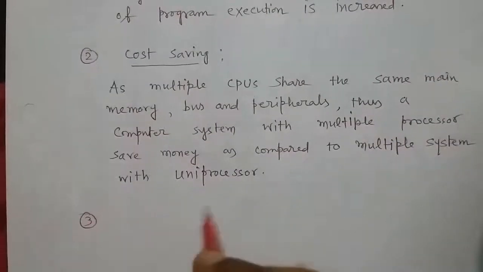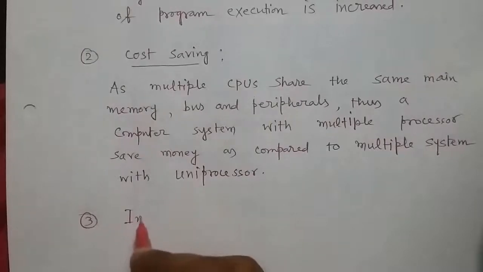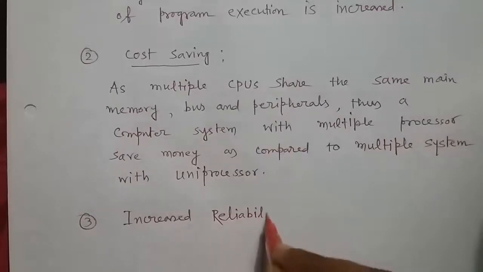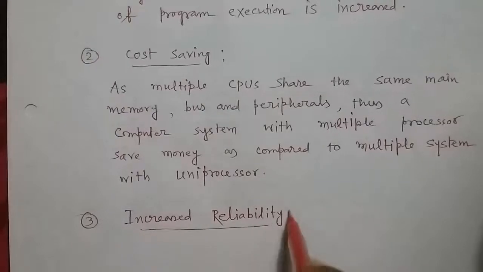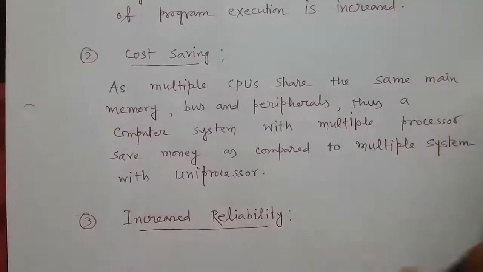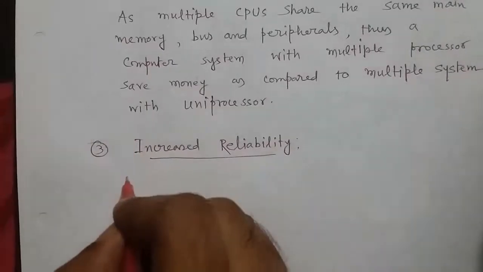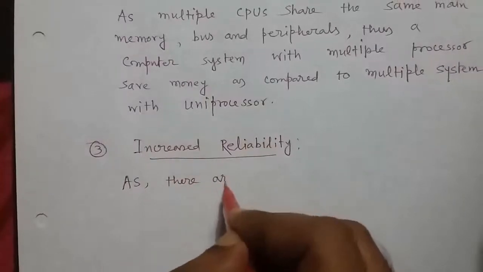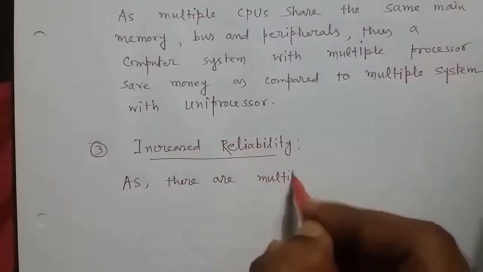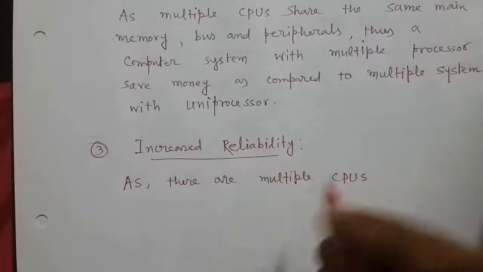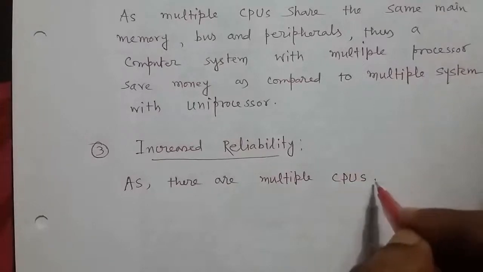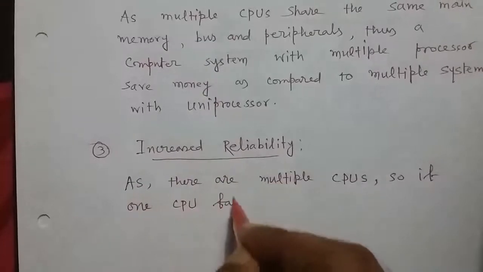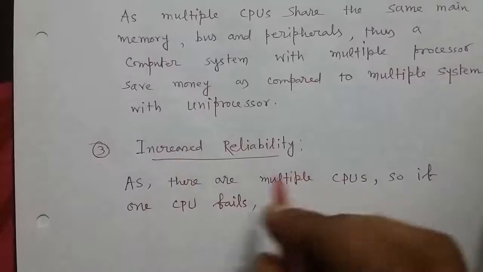And number 3, increased reliability. Increased reliability means, I'm writing here, as there are multiple CPUs, so if one CPU fails, okay, suppose one CPU is damaged, then what will happen?